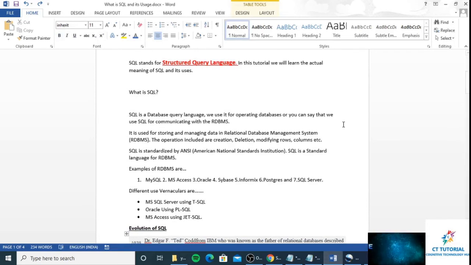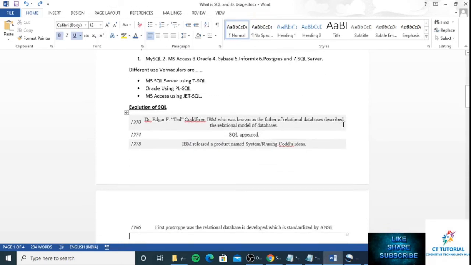So let's have a look at the evolution of SQL. In the year 1970, Dr. Edgar F. Codd of IBM, who was known as the father of the relational database, described the relational model of databases. In 1974, SQL appeared in the market.